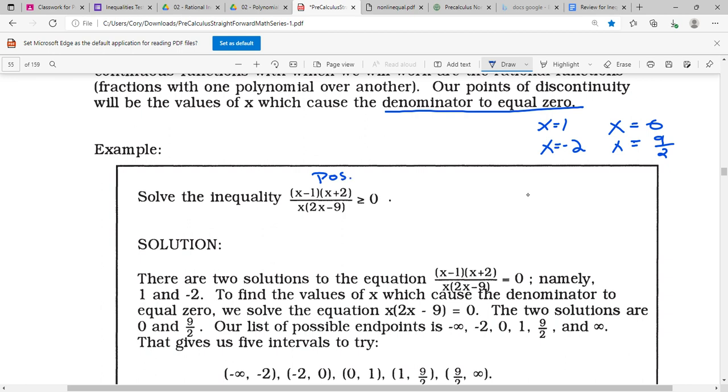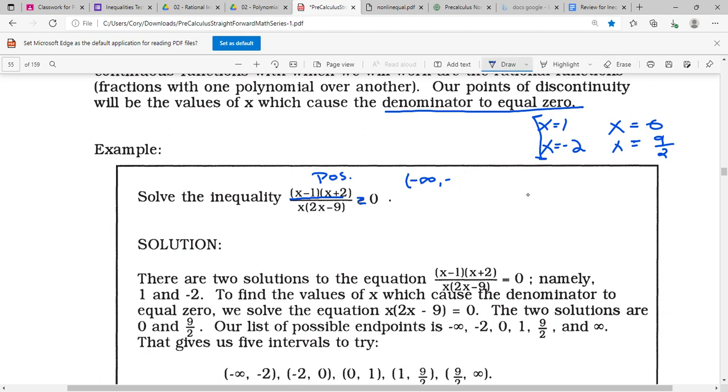All right, so let's make our intervals. Our first one's always going to start with negative infinity, and then our lowest number, which would be negative 2. Since it's greater than or equal to, these two values from the top are going to be in square brackets instead of rounded ones.